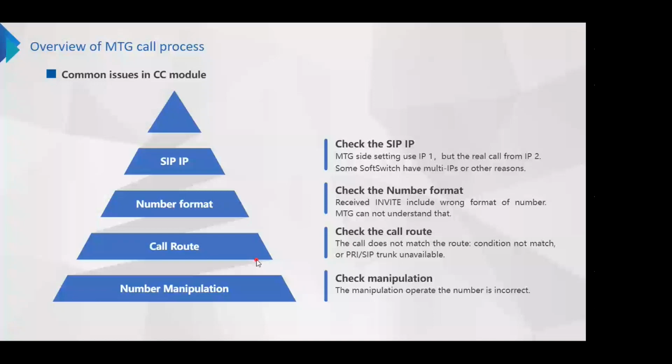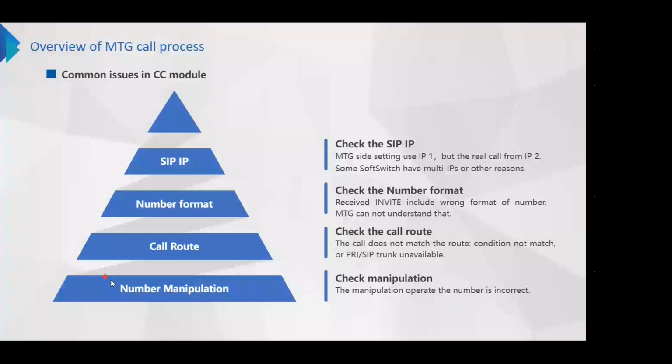And the last thing is number manipulation. Manipulation means you want to change the number, and after the number is changed, you send the call to the other destination. So make sure the manipulation is right, and that after the operation the number is correct. This is for advanced users or experts.